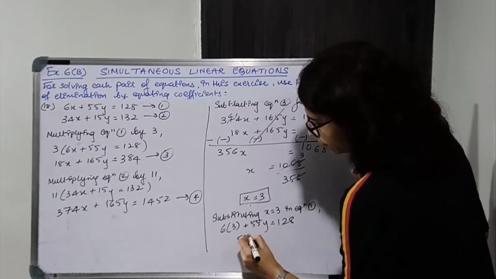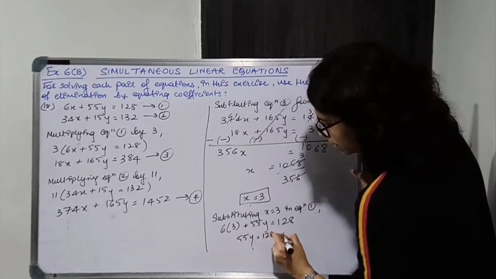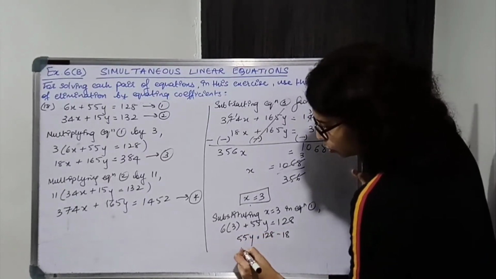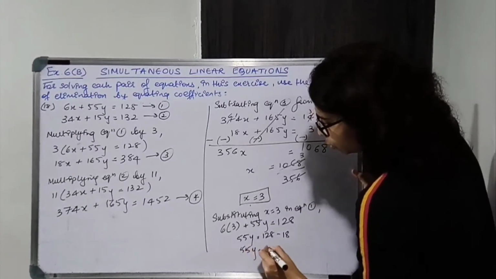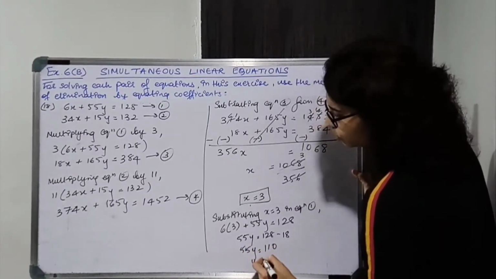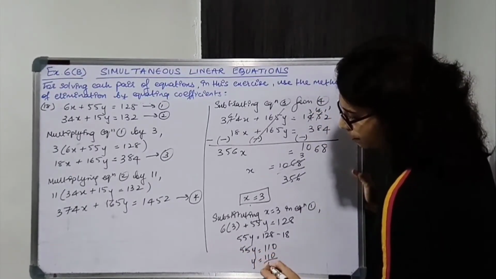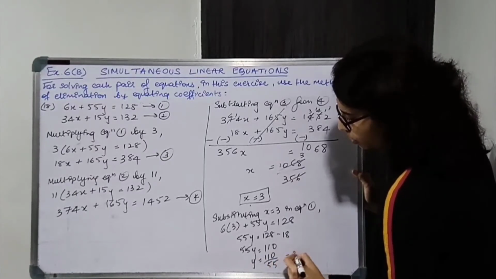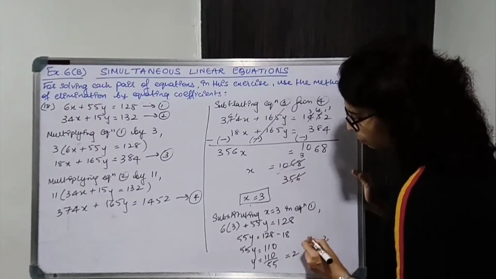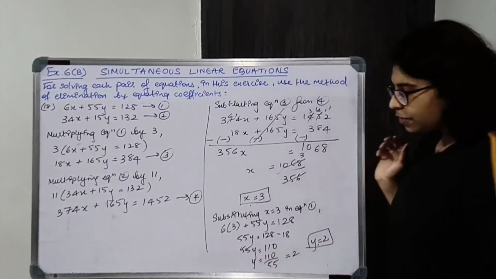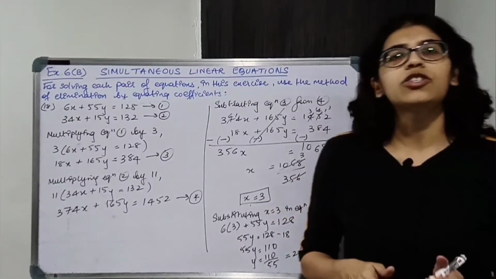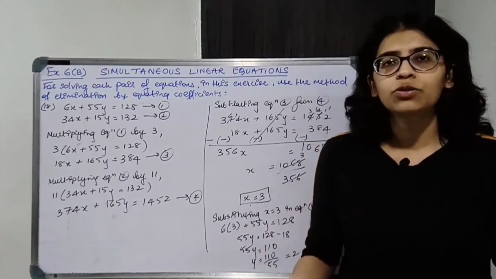So 55y is equal to 128 minus 18, so 55y is equal to 110. So y is equal to 110 by 55, that is nothing but 2. So y is equal to 2. We found the values of x and y. Just write down the final answer: x is equal to 3 and y is equal to 2.